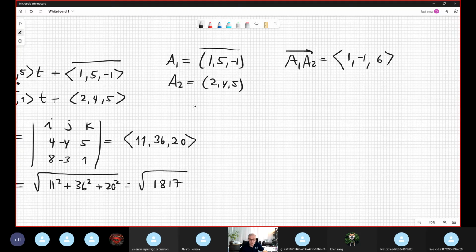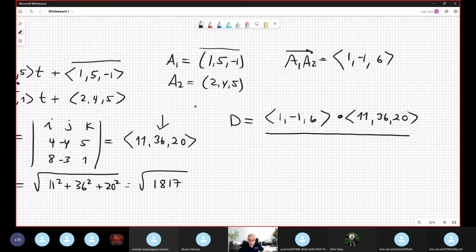And now you perform the dot product, because I know very well that vector is parallel to the segment I try to find. Okay, so you perform the dot product between, it doesn't matter, the dot product is completely commutative, so it doesn't matter the ordering. It is 1, -1, 6 dot 11, 36, 20, and don't forget divided by the magnitude of the cross product, which is the square root of 8,870.